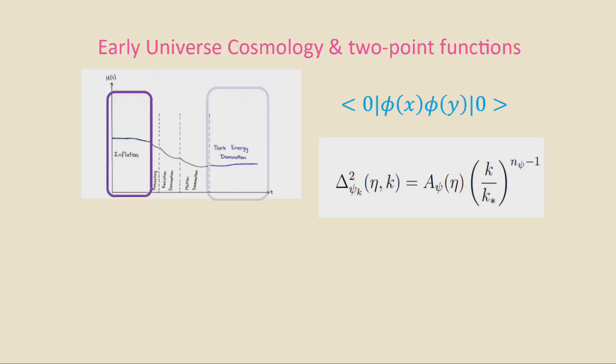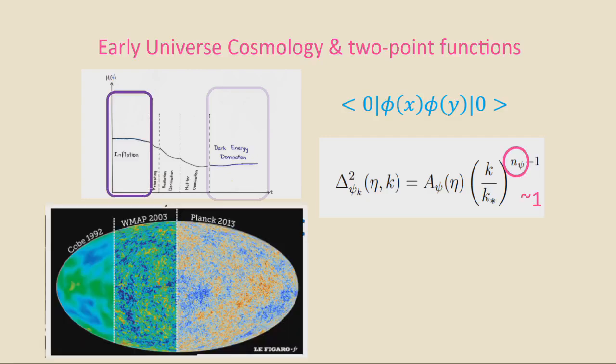So how do we do this in the coordinate system we picked, which is mostly used in early universe cosmology? So what do we do in early universe cosmology? We compute and observe 2-point functions. And we have a way to shape their momentum dependence. And various instruments measure this.